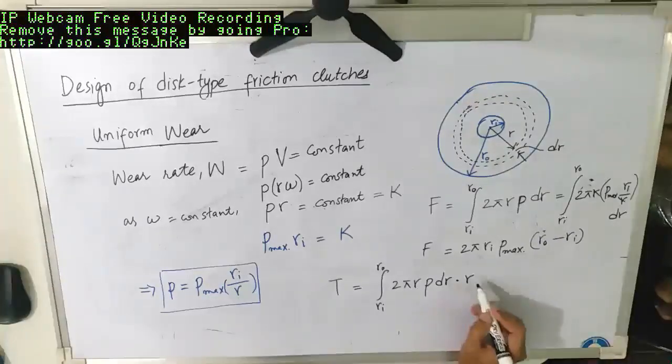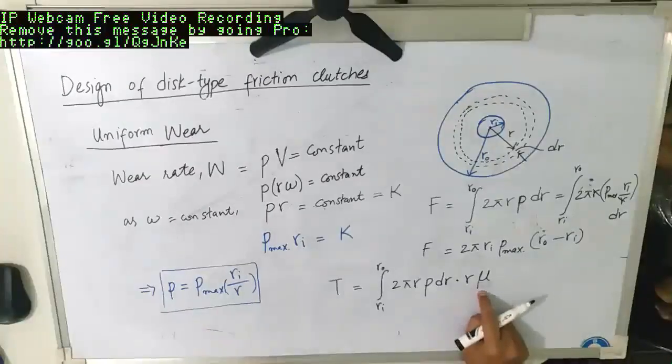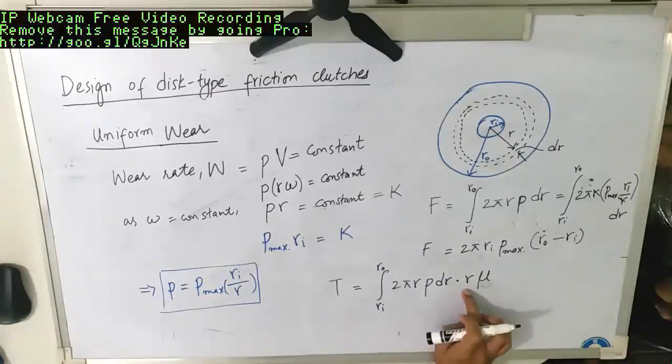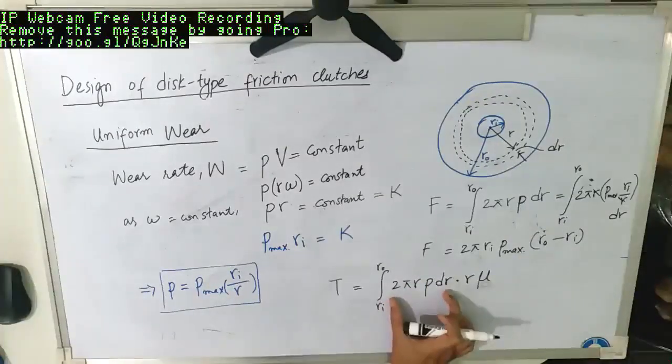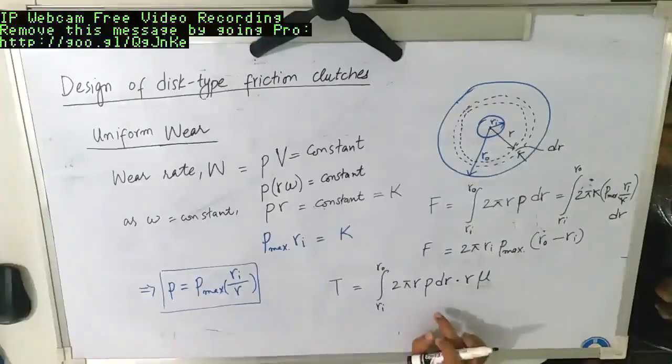And again remember, just like last time, we have to multiply by mu, because torque is equal to the frictional force multiplied by the radius. So this F expression was the normal force.